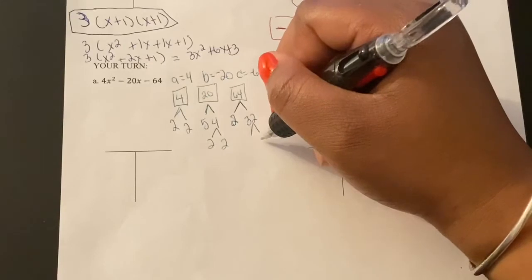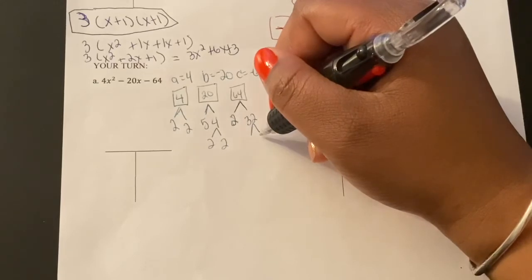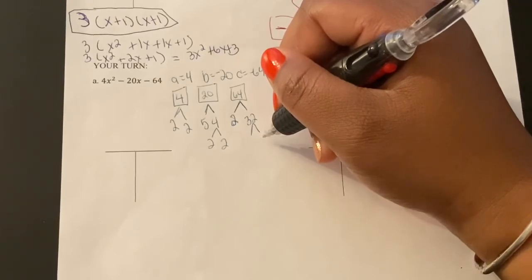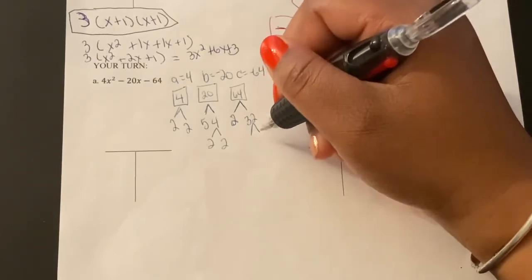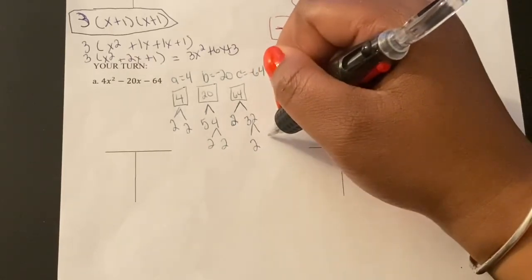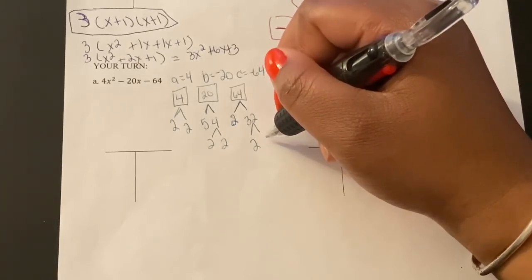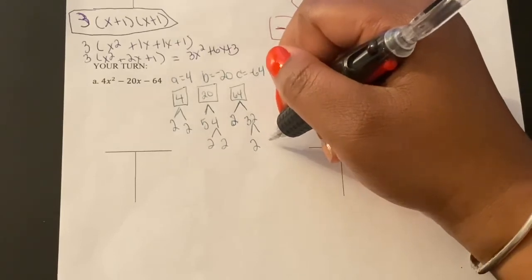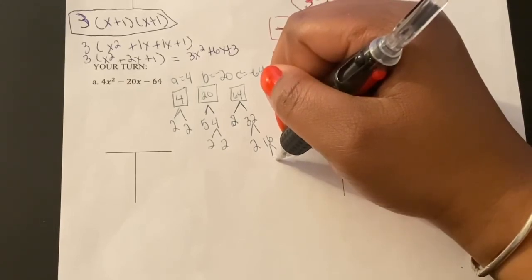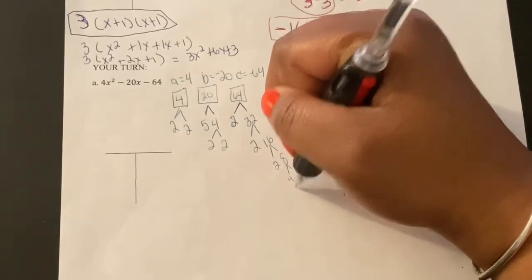You can break down 32 into 2 and 16. 16 gets broken down into 8, and it keeps on going till you end up with just 2.